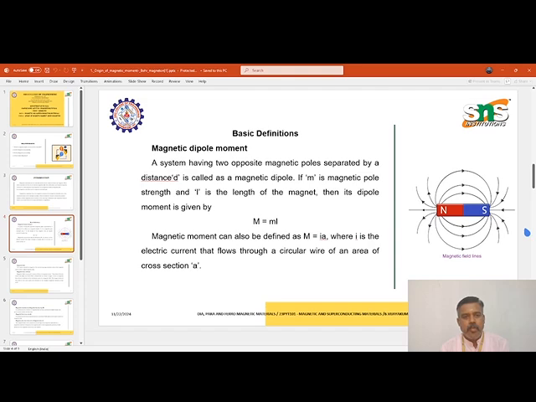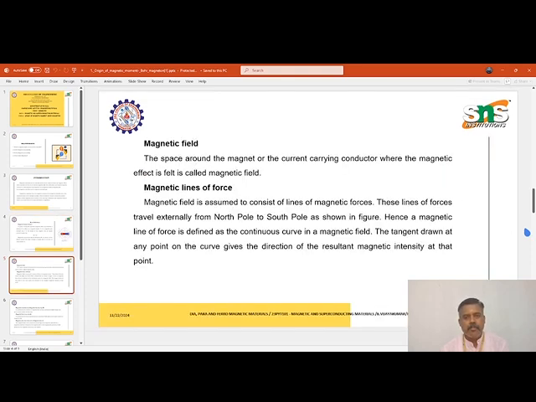So the dipole moment is equal to the product of pole strength and the length of the magnet. The other formula is m equals I A, where I is the electric current flowing through a circular wire of cross-sectional area A. So this is another form of magnetic moment, in electrical terms.